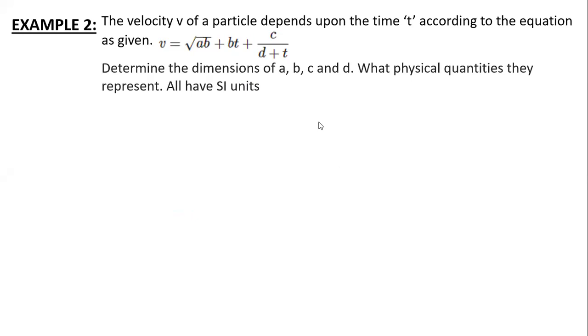Since the velocity equation is already given as dimensionally correct, tell me what A, B, C, and D are?